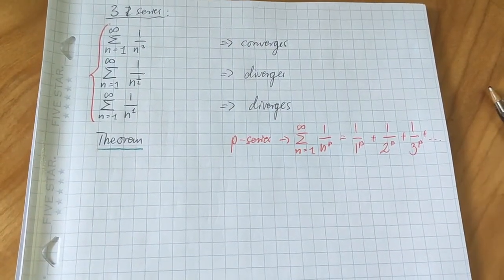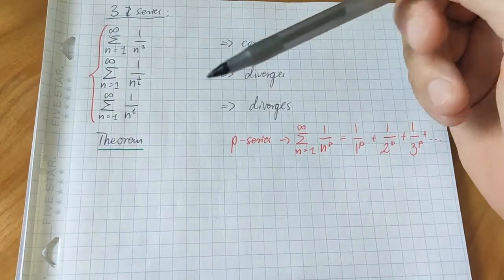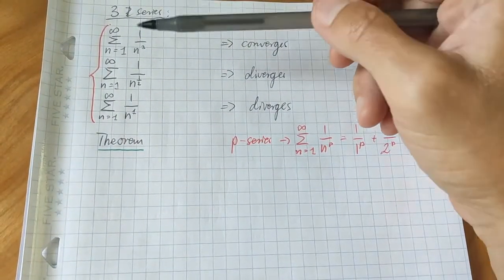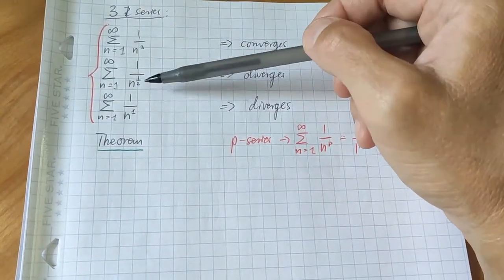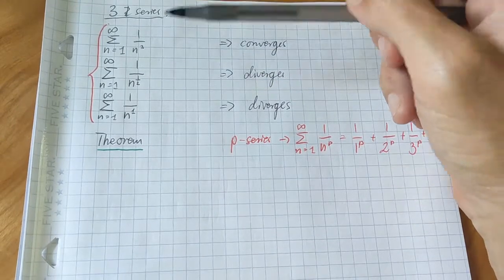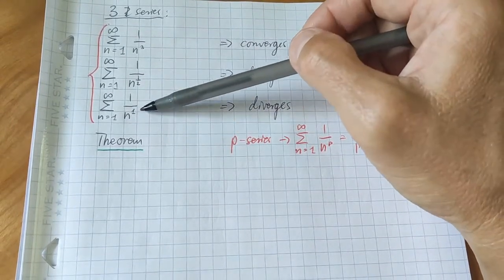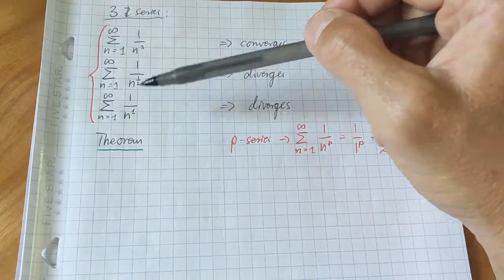So now the theorem. Here I have p is 3, p is half, and p is 1.